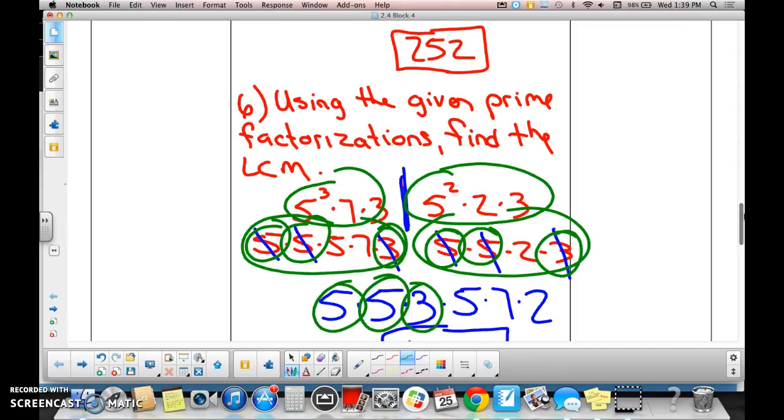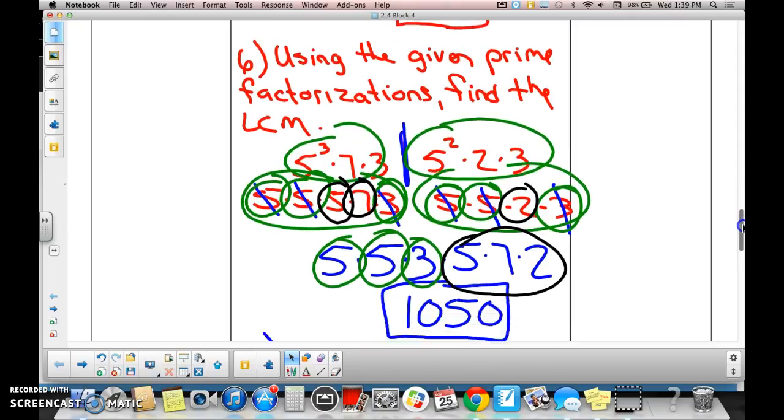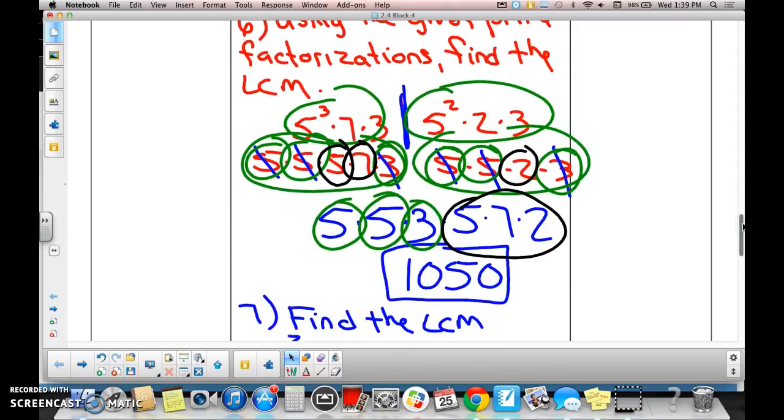So we got a 5, a 5, and a 3. The numbers left over were another 5, another 7, and a 2, which are listed right there. You multiply them all together, and you have your LCM for that particular prime factorization. We don't know what the numbers were because I just gave you the prime factorization, but it works.